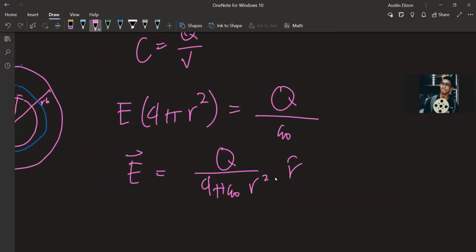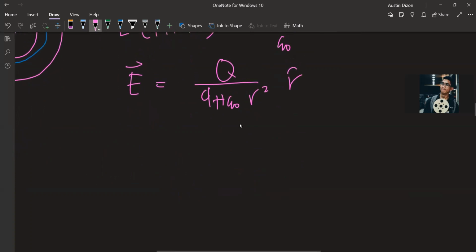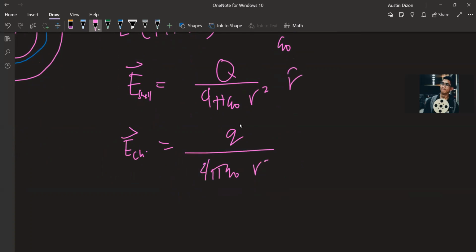Ano napansin nyo dito? Kamukha siya ng sa charge. For a charge, yung electric field niya ay ganito. Tignan nyo mabuti, magkamukha sila.